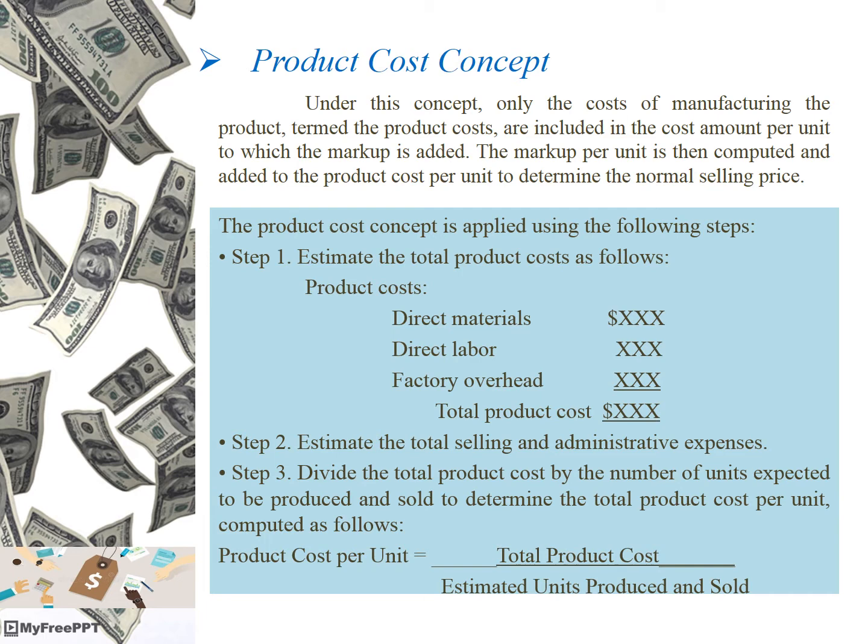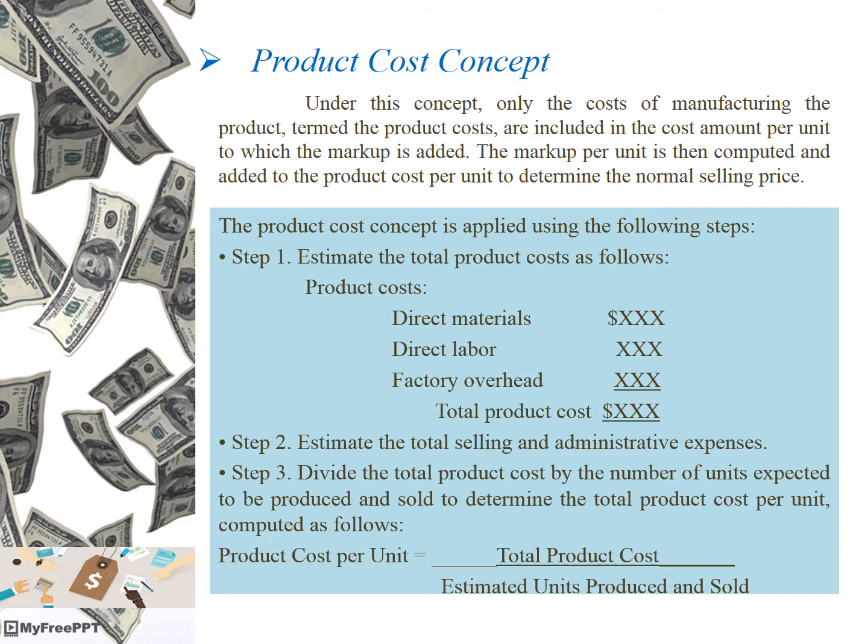Estimated selling expenses, administrative expenses, and desired profit are included in the markup. The markup per unit is then computed and added to the product cost per unit to determine the normal selling price.